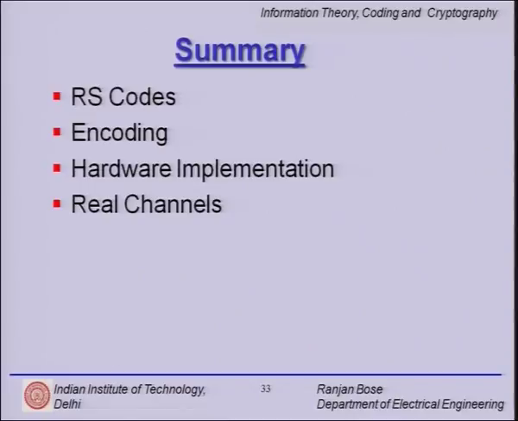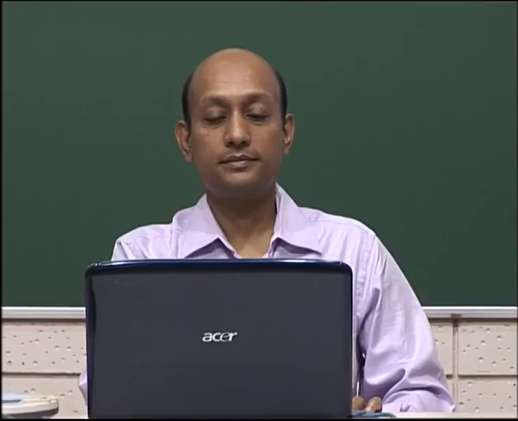Then we moved on to real channels and the performance over real channels for Reed-Solomon codes. We also considered the importance of overall energy optimization while designing error control codes, and finally we talked about nested codes. With that, we come to the end of this lecture.